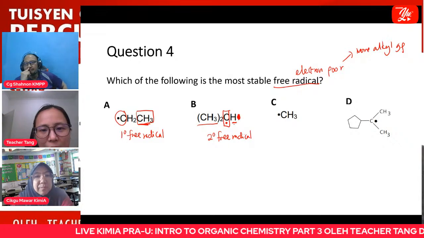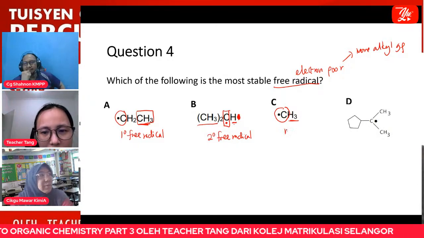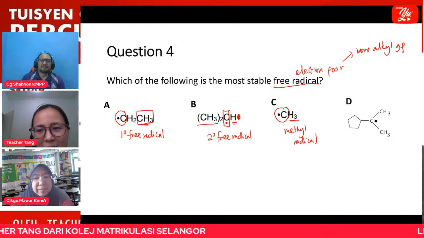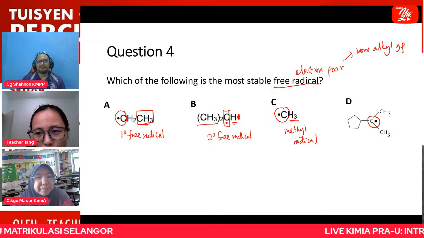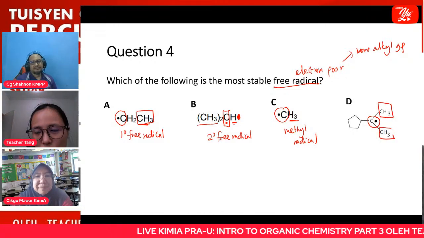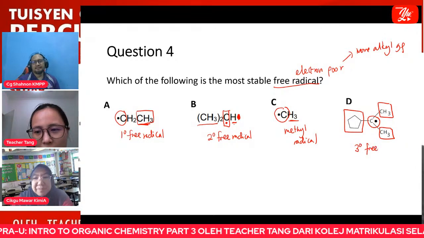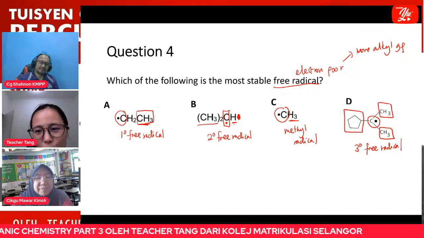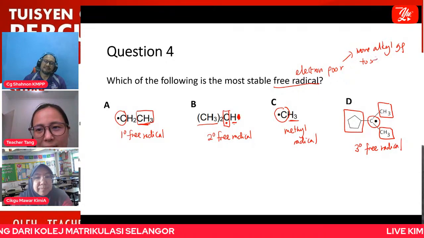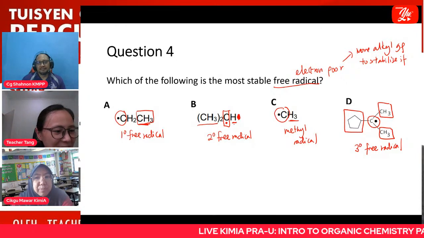For C, all are hydrogen attached to the reference carbon, so this is a methyl radical. For D, no hydrogen is directly attached, so it has 1, 2, 3 alkyl groups, so this is a tertiary free radical. Again, free radical is electron poor, so more alkyl groups stabilize it. So which one is the answer? A, B, C, D?